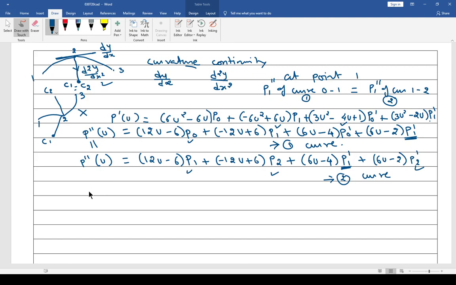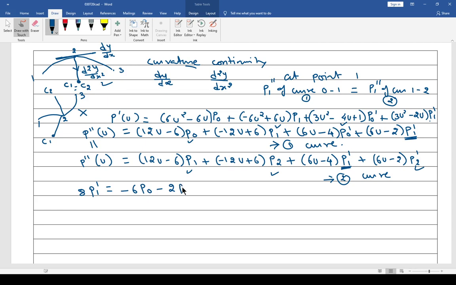Okay, so just for lack of time, I am writing this instead of solving this. Is equal to minus 6. You can solve it, and also verify whether whatever I am writing is correct or not. You can immediately collect the coefficient of p0, coefficient of p1 and coefficient of maybe p2 dash and p0 dash.